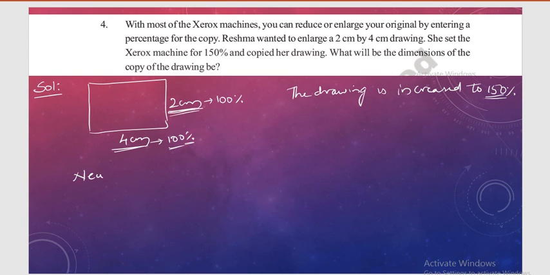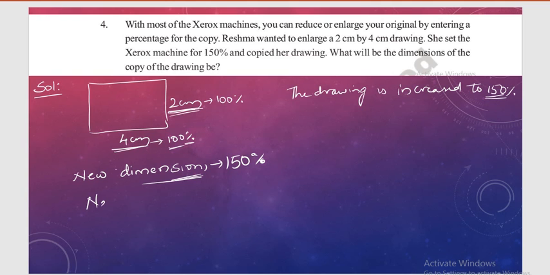We need to find out the new dimensions. So new dimensions will be only of 150%, not 250%, right? So you need to understand this thing. Those new dimensions will be increased to 150%, not by 150%.